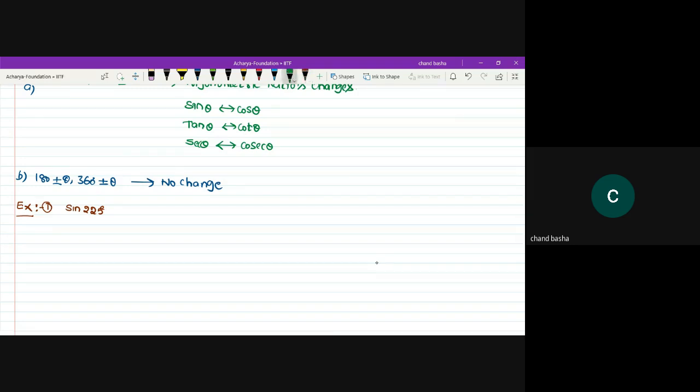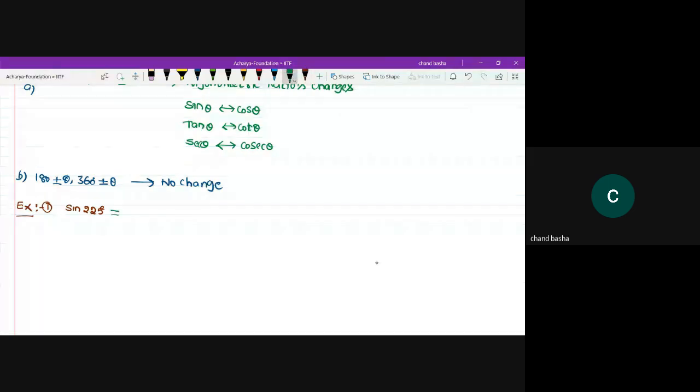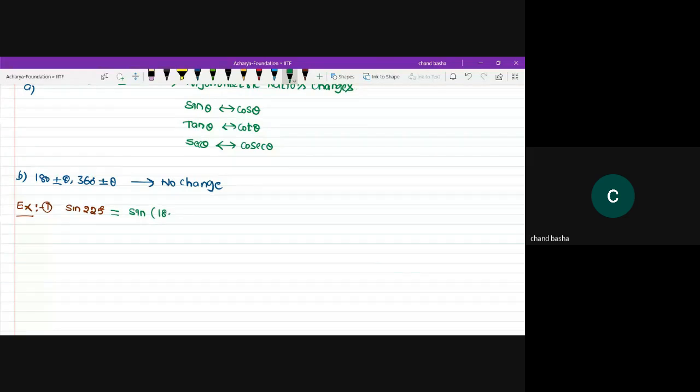Observe carefully, guys. As I said, if the angle is more than 90, always try to make use of multiples of 180 or 360, because there is no change in the trigonometric ratio.